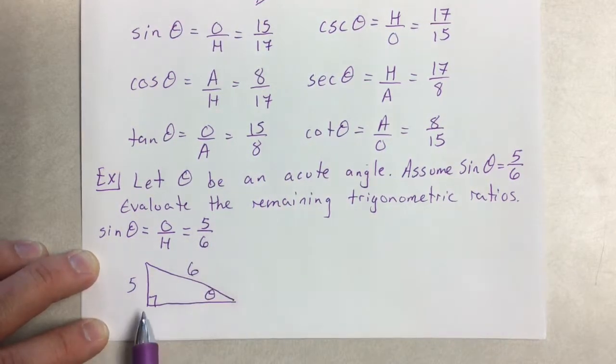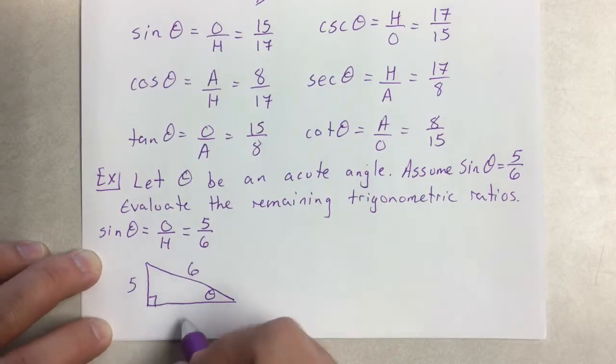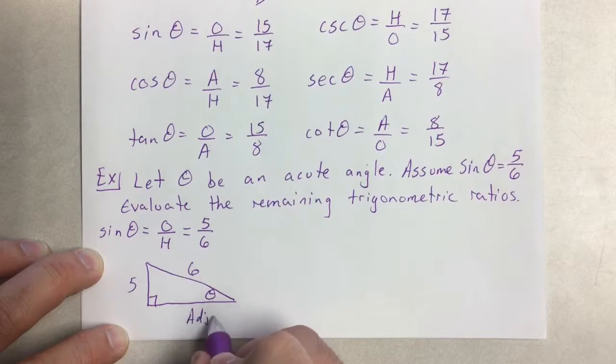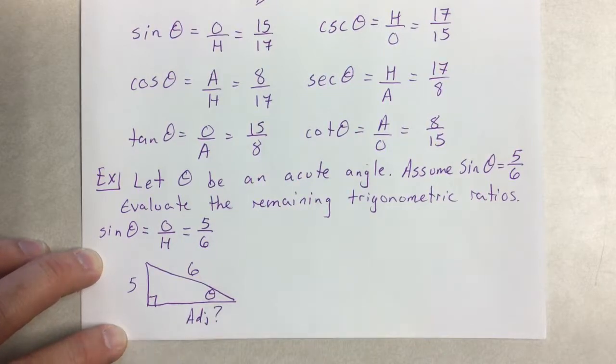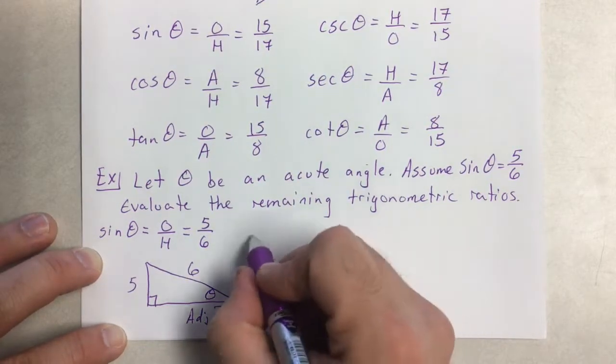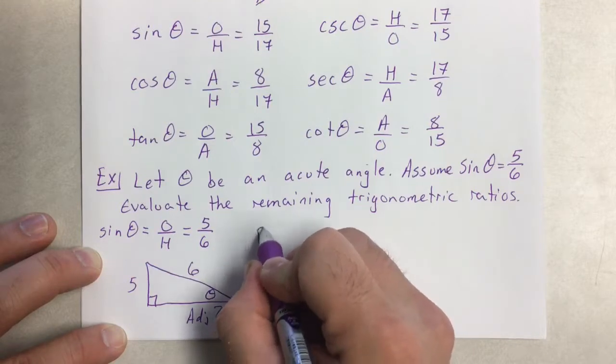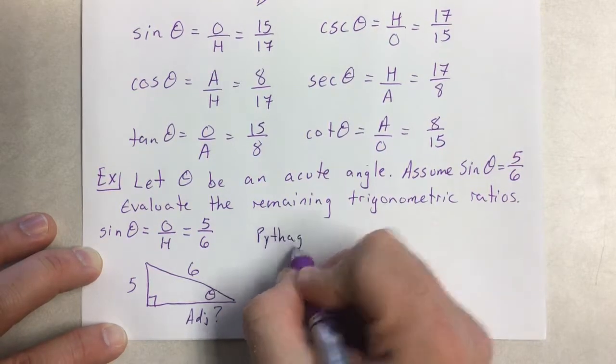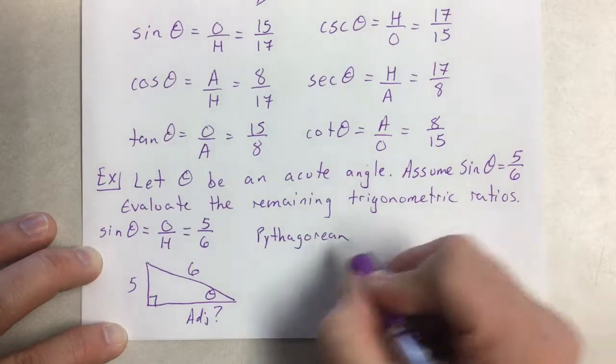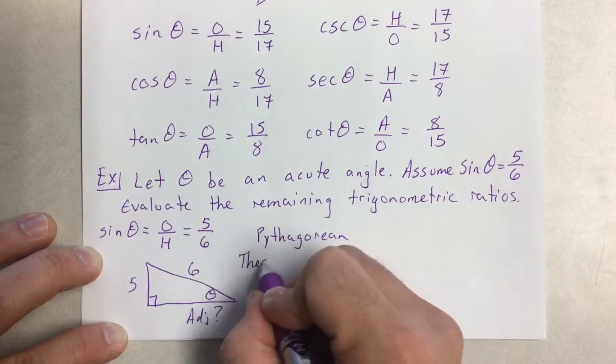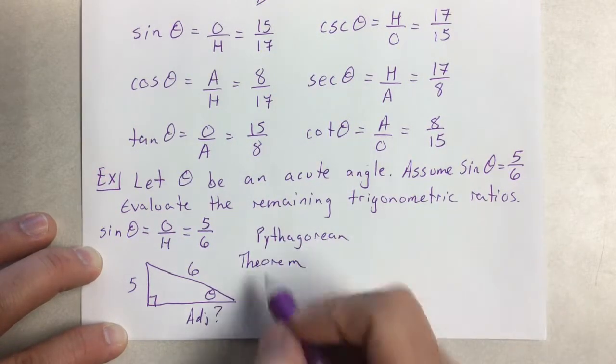Okay, well, that's good. And I notice that we have a side that's empty. We don't know the adjacent. And we can actually find it. So here in this problem, we're going to use the Pythagorean theorem to find this unknown side.